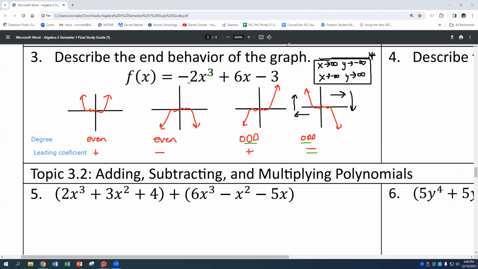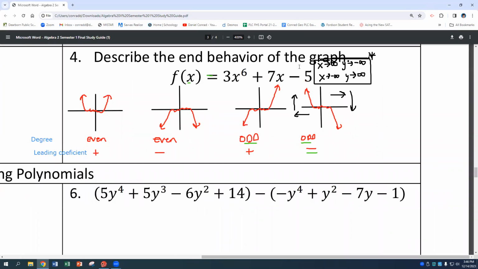All right, the next one. Okay, this one, let's see. We have 6th degree, so it's even, and then positive, so it's going to look like this. Okay, so let's write our end behavior.